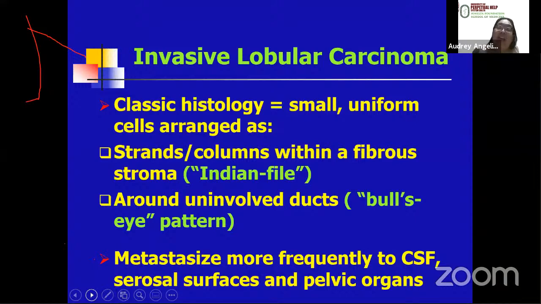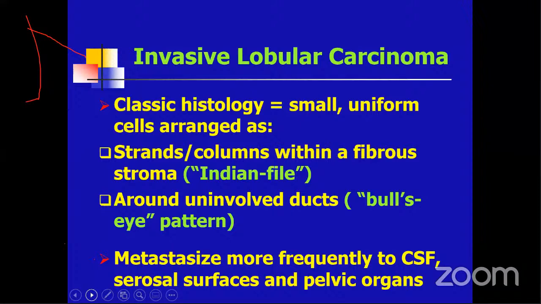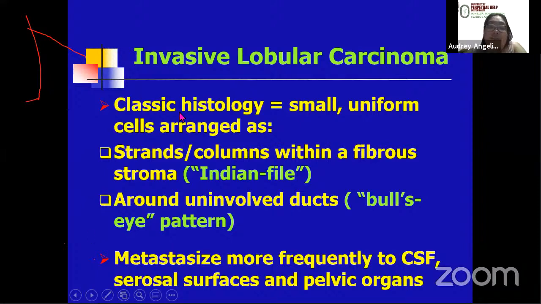As I've mentioned, your IDC would metastasize to your brain, lung, and bone. As to your invasive lobular carcinoma, it would metastasize more frequently to your CSF, serosal surfaces, and pelvic organs.